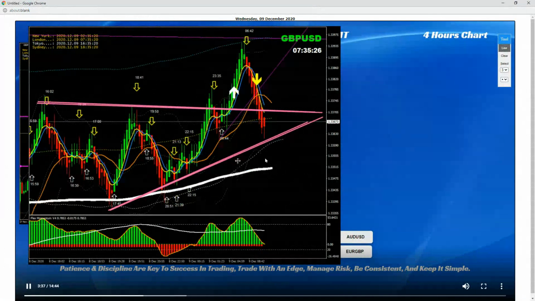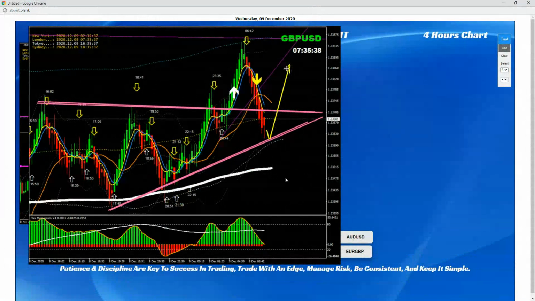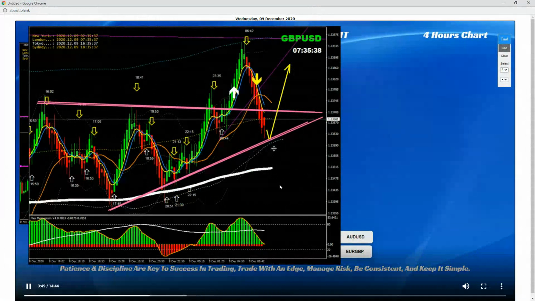But in order to take a short trade, we need a confirmation. First priority would be to take a pullback long. That was the first priority based on the momentum and the trend in intraday. Otherwise, if the price breaks and retests and gives us the confirmation, then we're looking at a short trade here.